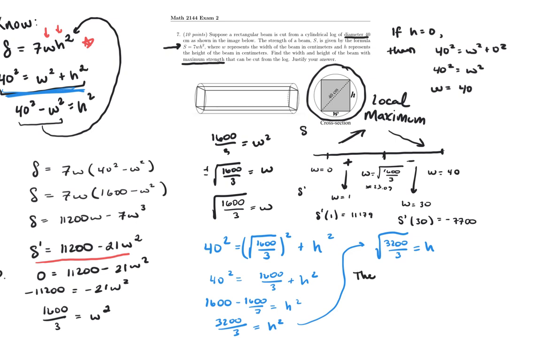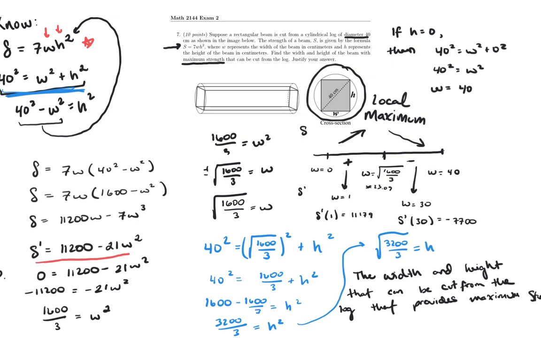So the width and height that can be cut from the log that provides maximum strength are: W is equal to the square root of 1600 divided by 3, which is approximately 23.09 centimeters, and H, which is equal to the square root of 3200 divided by 3, which is approximately 32.66 centimeters.